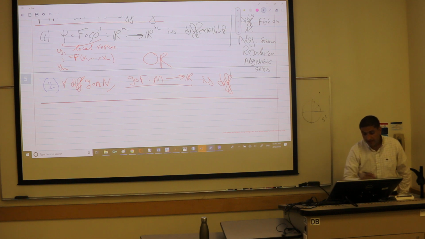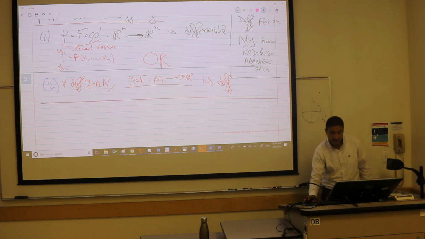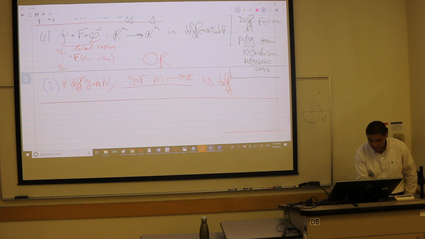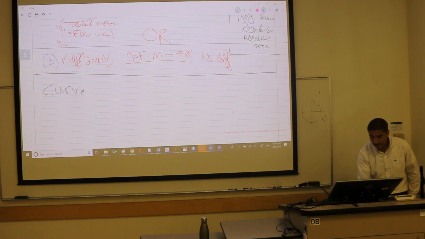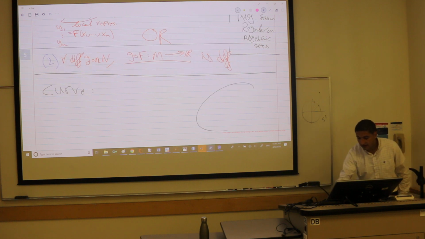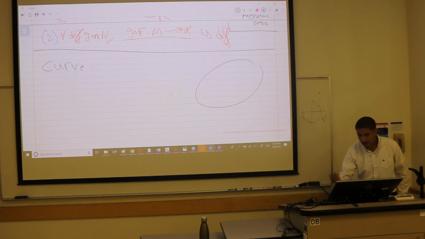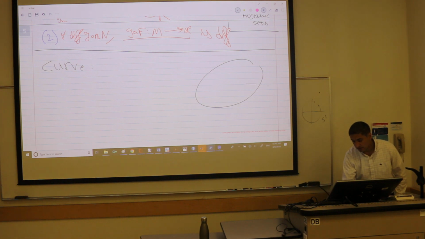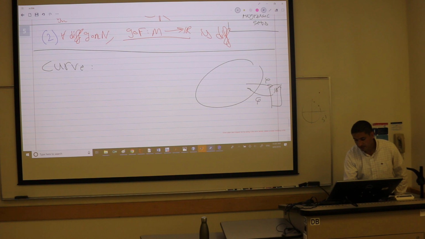In particular, we have a very important map between manifolds. This is the definition of a curve, and this is the last thing I will do here. A curve. What's a curve? So I have a manifold, and manifold means that this is your Rn, this is phi inverse. I may have some functions to the real, so this is little f, this is R, and here is my curve.